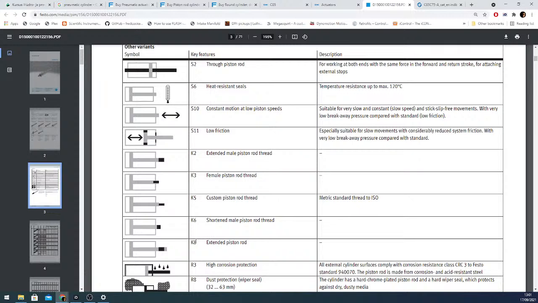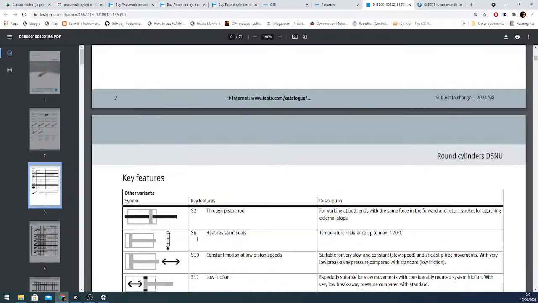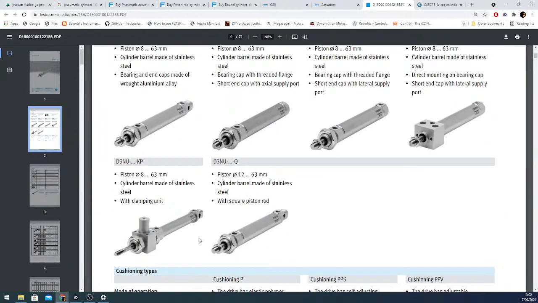So basically the process of choosing a cylinder usually is that you have an application where you need a cylinder, and basically the most logical thing to do is to call the representative and send an email asking them for a cylinder. We have this kind of application. Can you recommend us what's the most appropriate cylinder for the application?